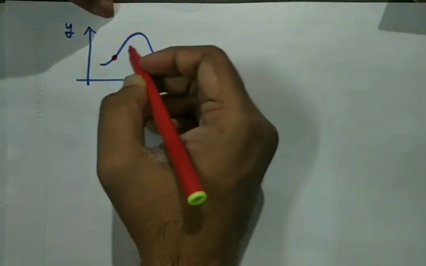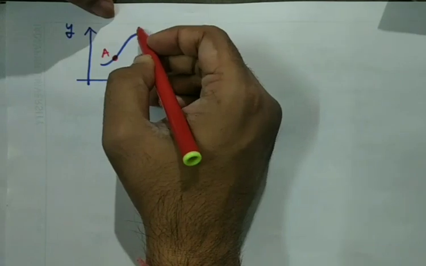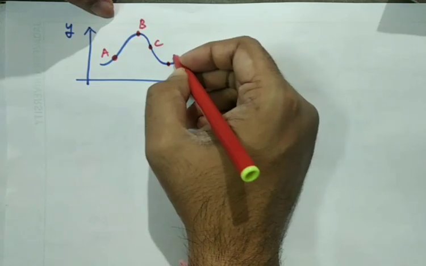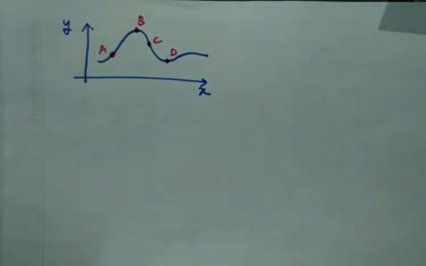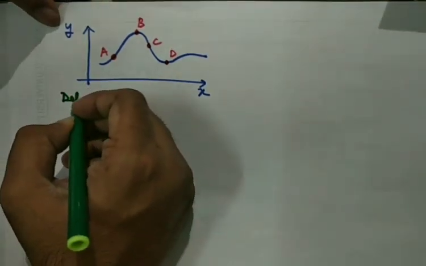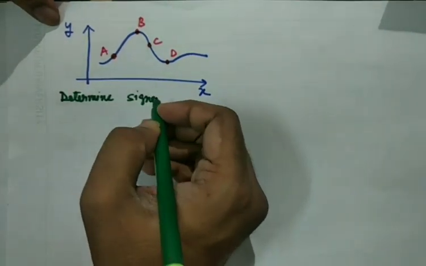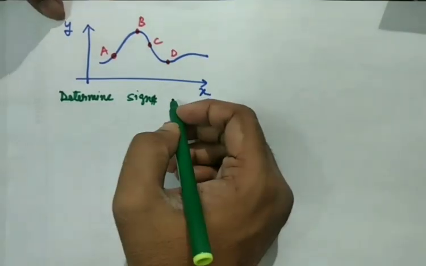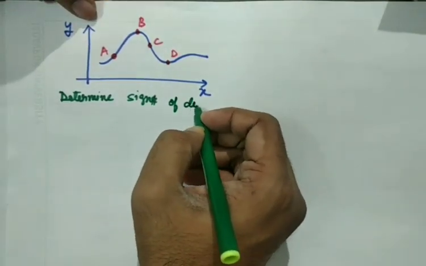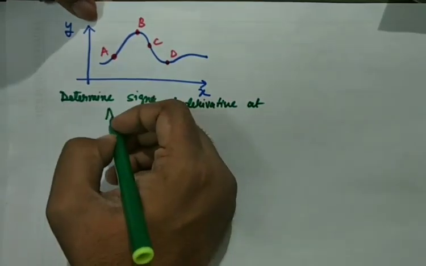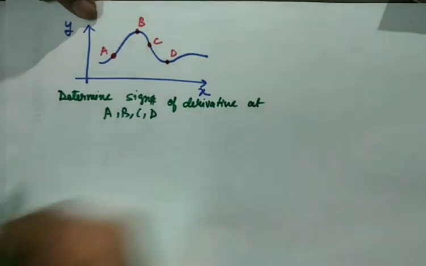Let's consider this point as point A, this point as point B, this point as point C, and this point as point D. Now we have to determine the sign, positive or negative, of the derivative at A, B, C and D.